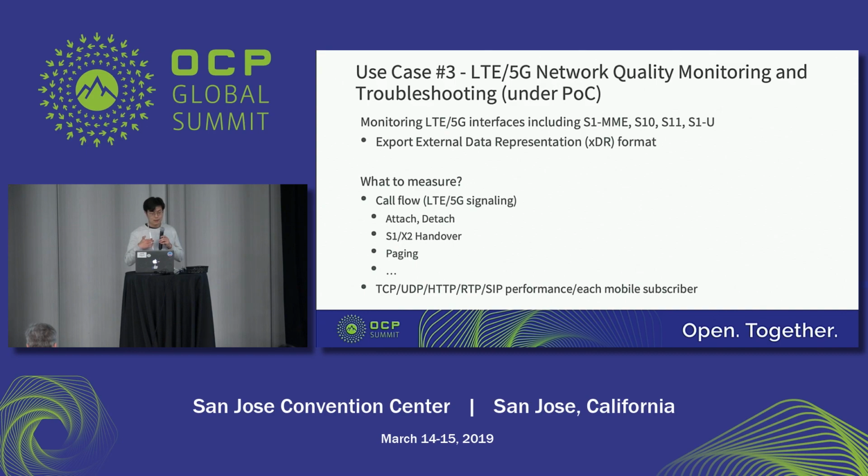After TINA gathers the raw signaling packets from the mobile network and processes them, we export some external data representation, called the XDR format, to the TINA analyzer.